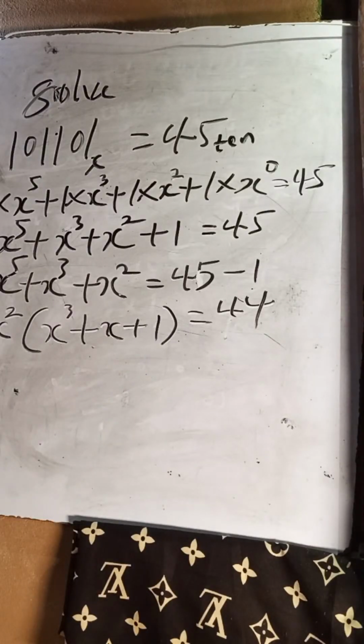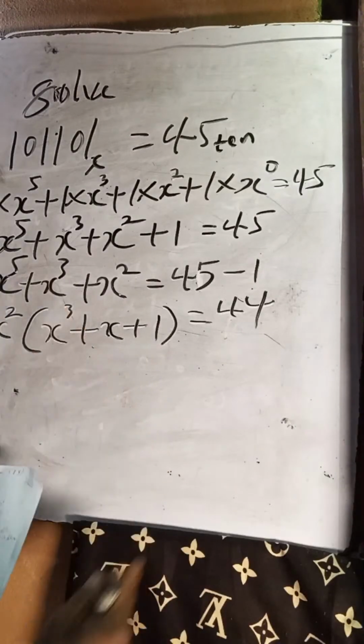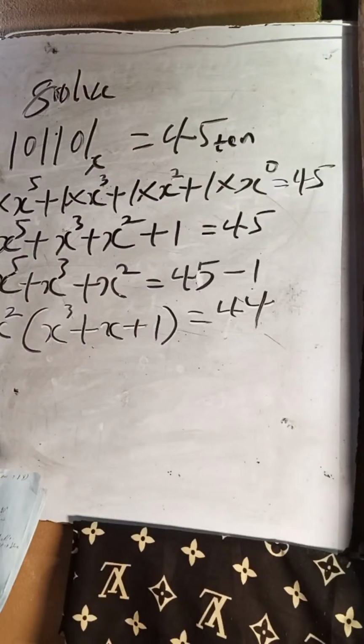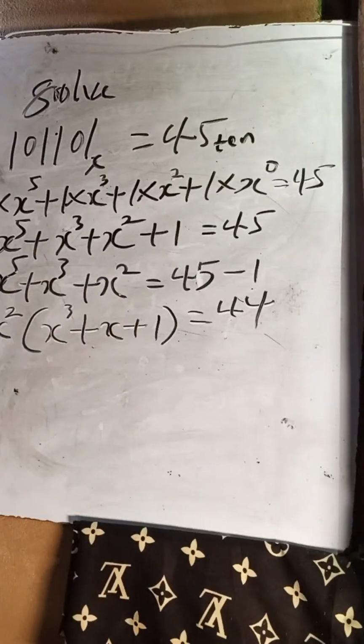So we'll proceed. What we are simply going to do here is to look for factors that will satisfy this. You can try -1, you can try 1, and so on. So let's look at the factors that will give us this.